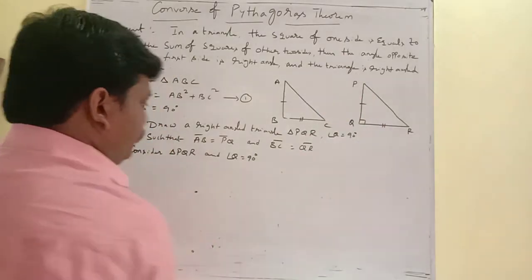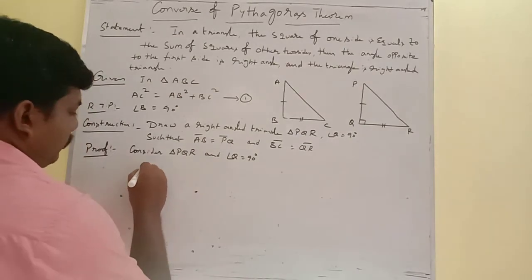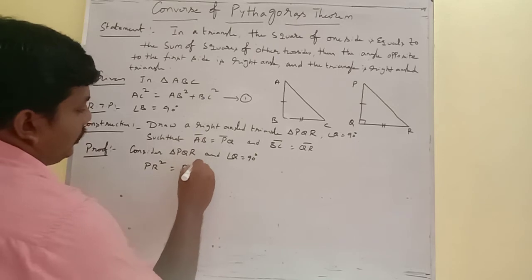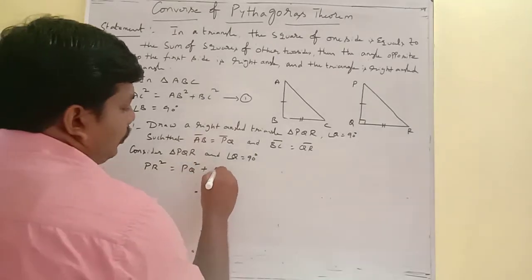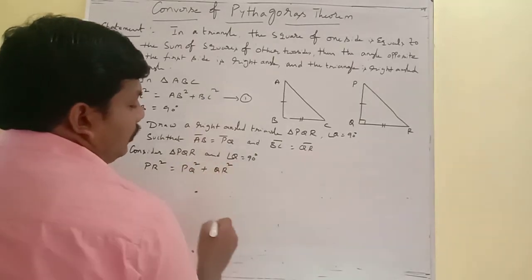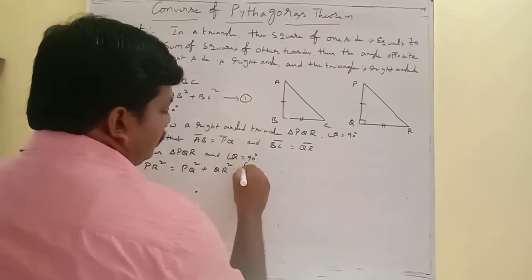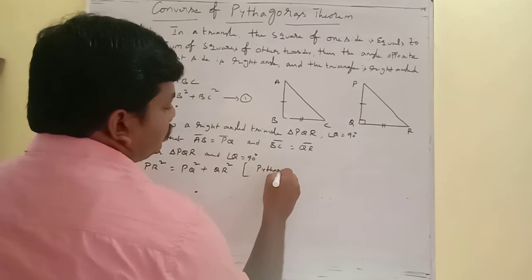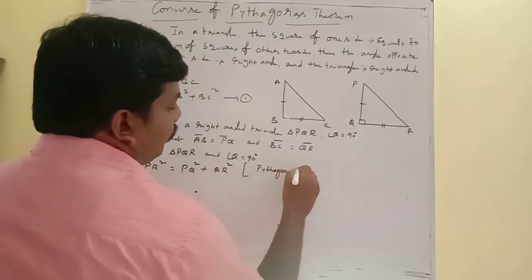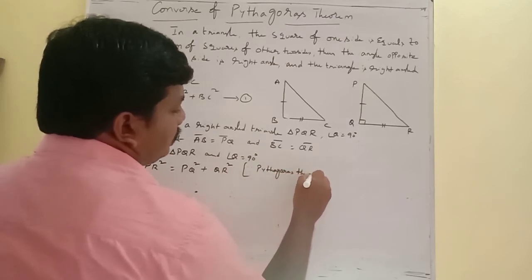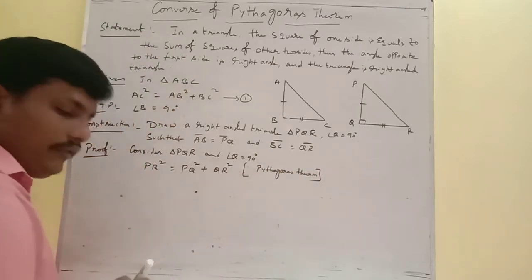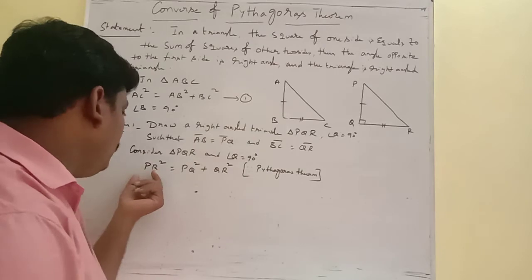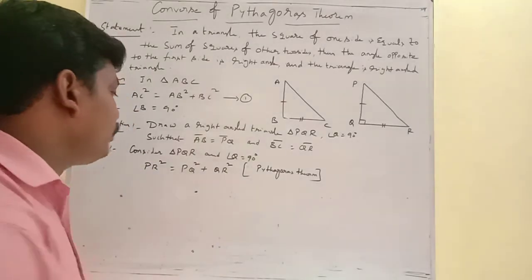This is PR. So by the Pythagoras theorem, PR square is equal to PQ square plus QR square.